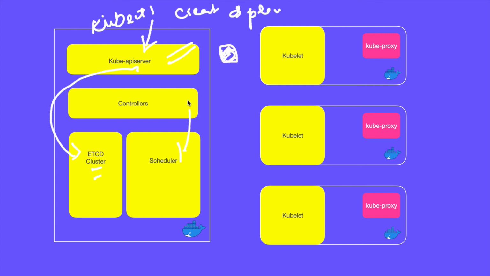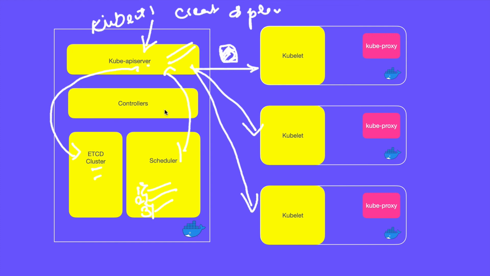The scheduler requests information from the Kube API server about the nodes and their availability. The Kube API server then reaches out to the kubelets on each worker node and requests a report. The kubelet gives back the report: we have this many resources available, this many containers are running currently, and things like that. Based on all of these criteria, the scheduler will rank all of the nodes: this is the first priority, second priority, third priority.